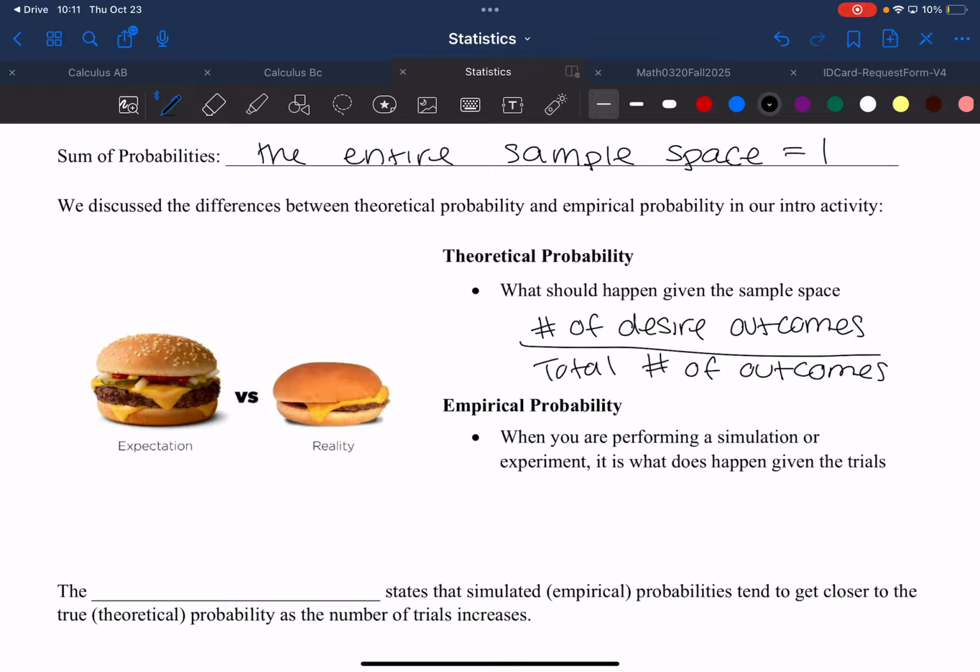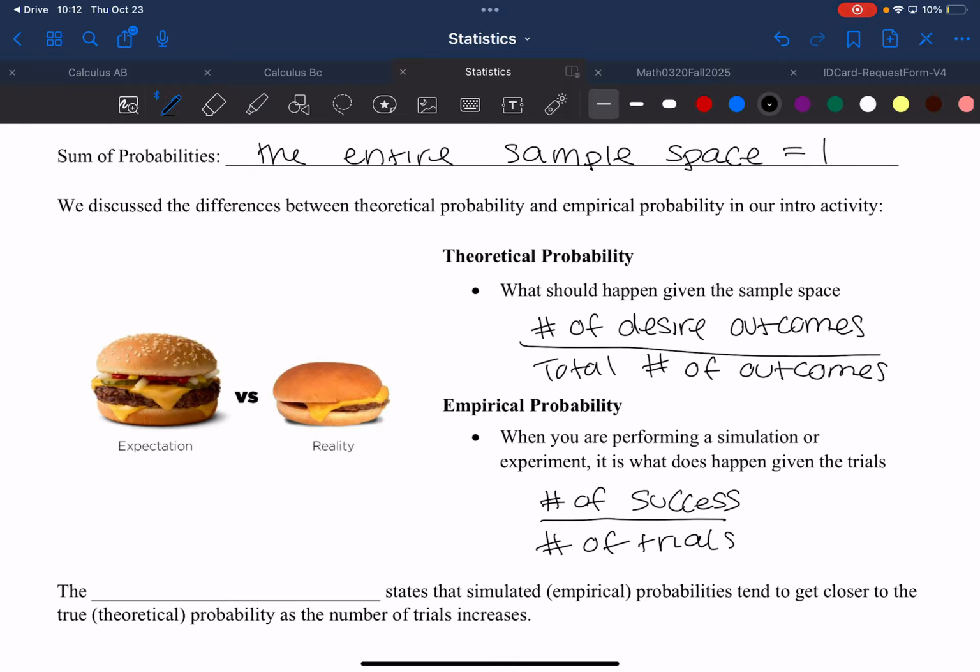Empirical is when you are performing a simulation or experiment. It is what happens given the trials. Okay, so this is the number of successes over the number of trials.